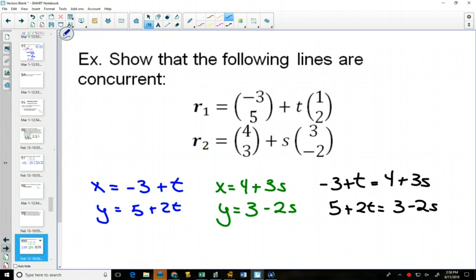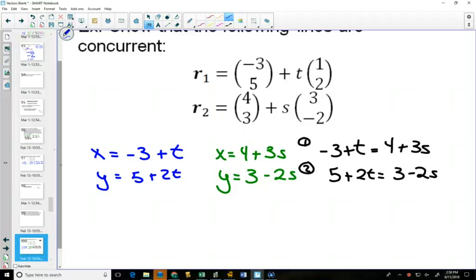What I would do probably in this situation is I would multiply equation 1 here by a -2. Can you see if I multiplied equation 1 by a negative 2, my equation 1 would become positive 6 minus 2t equals negative 8 minus 6s.